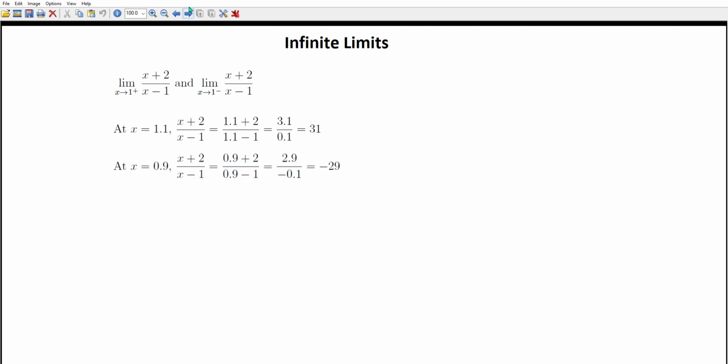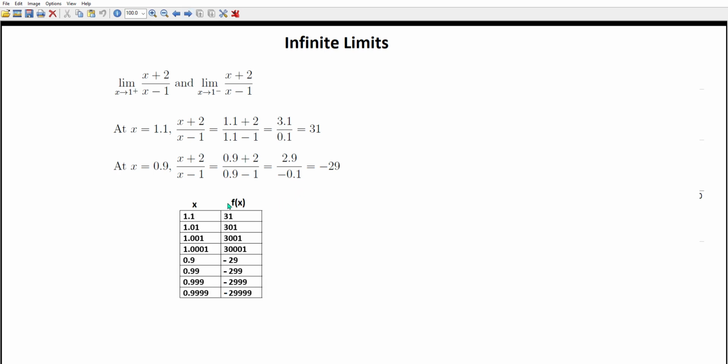We do our standard calculations. At x equals 1.1, (x plus 2) over (x minus 1) is 31. And at x equals 0.9, it is minus 29. Those numbers are nowhere near each other, but things actually get worse as we look at our table.